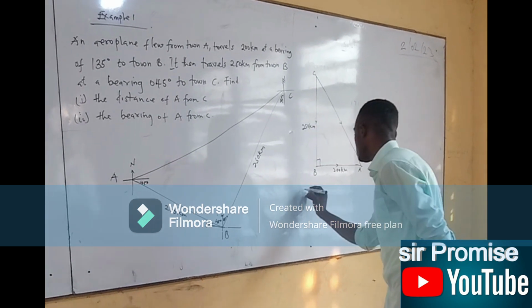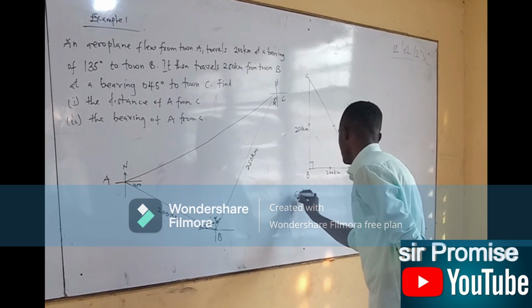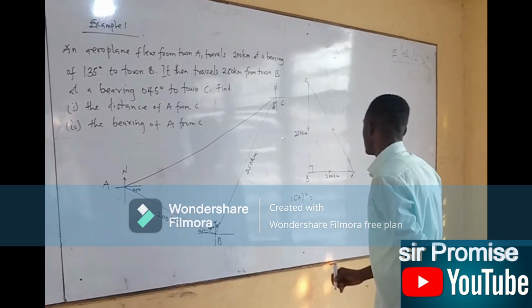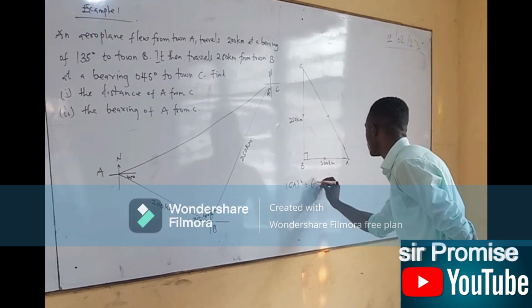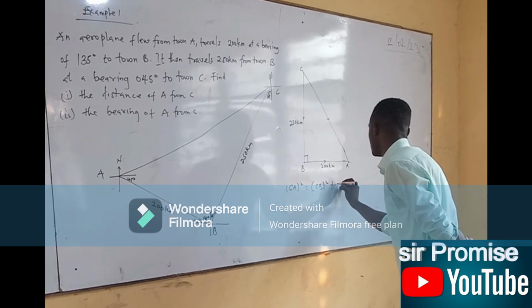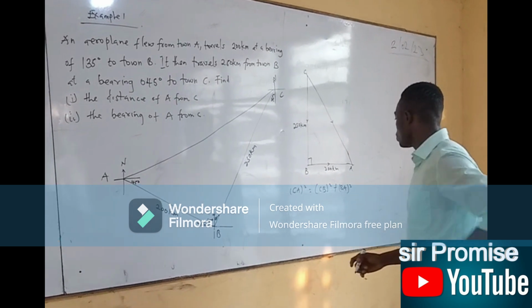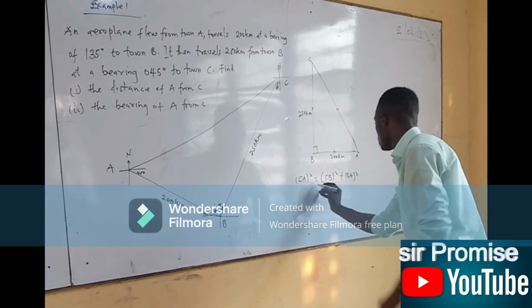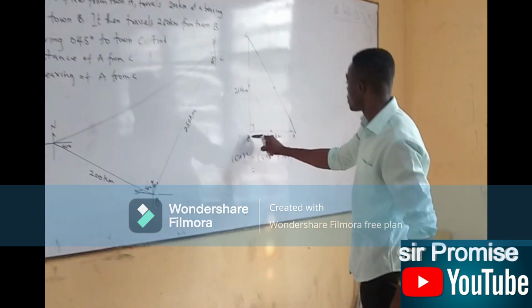So we can just write that CA squared, according to Pythagoras, is equal to CB squared plus BA squared. So now that we have this, what is CB?